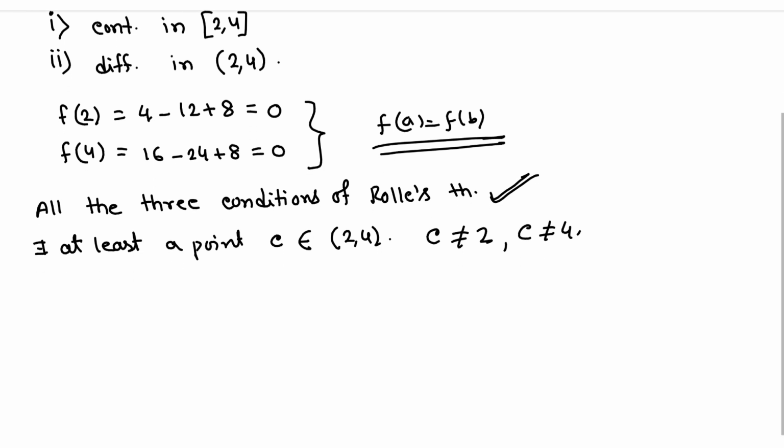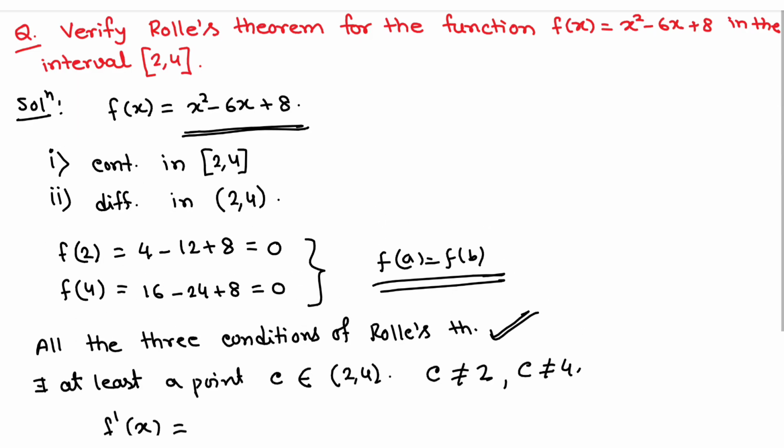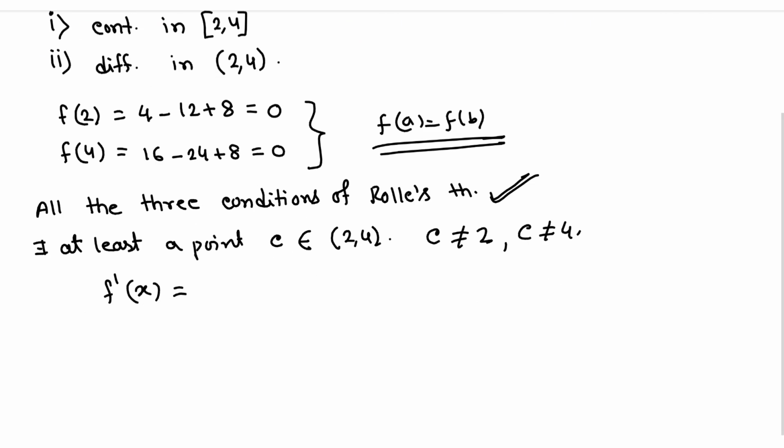So find out f dash x. What is f dash x? F dash x equals to 2x minus 6, and according to Rolle's theorem, f dash c equals to 0.